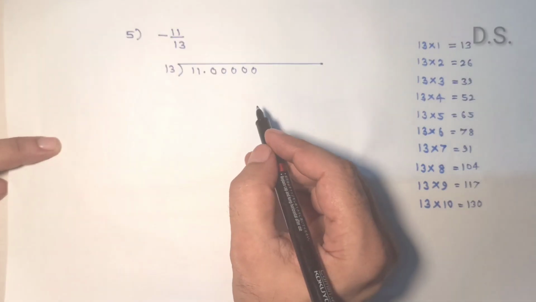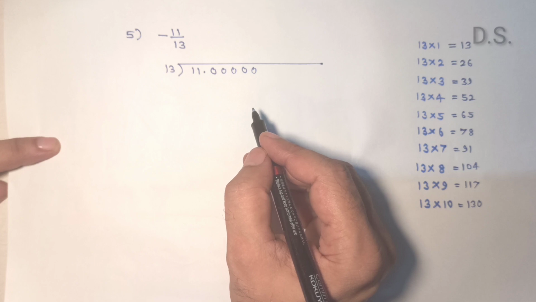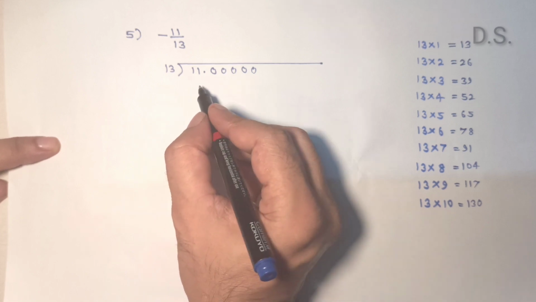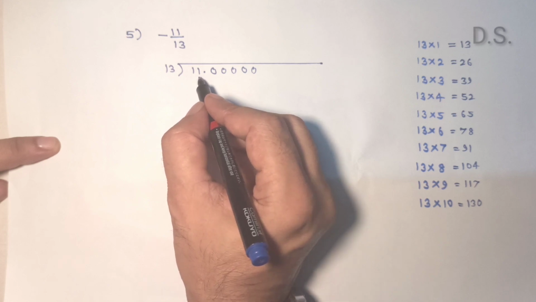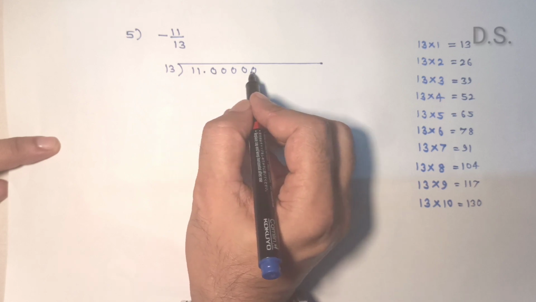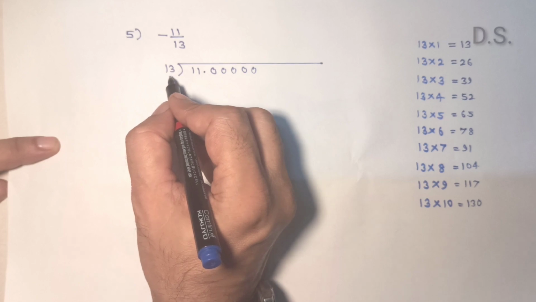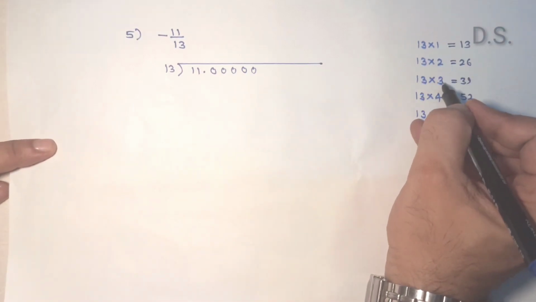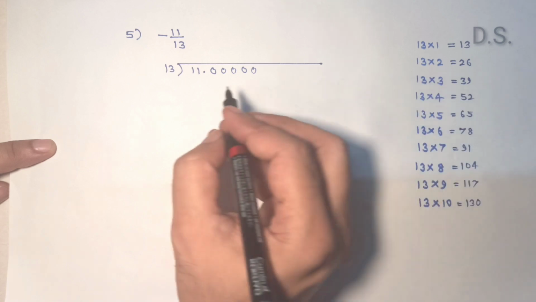Today's last question, fifth question, minus 11 by 13. So write 11.0000 inside and 13 outside. You can write the table if you don't know it, otherwise if you know it, it's better. I request you to learn the tables by heart.